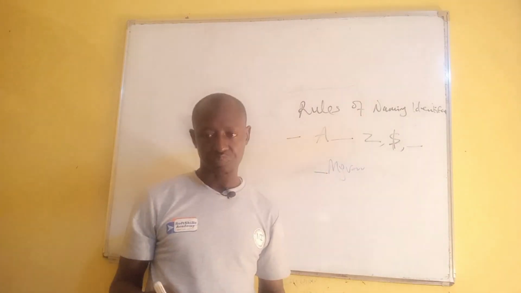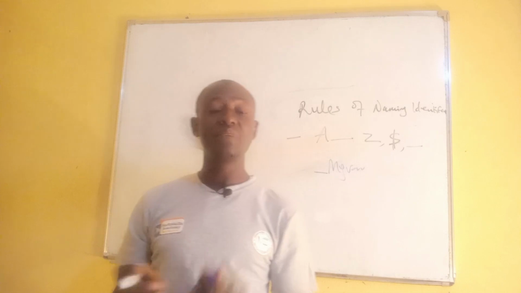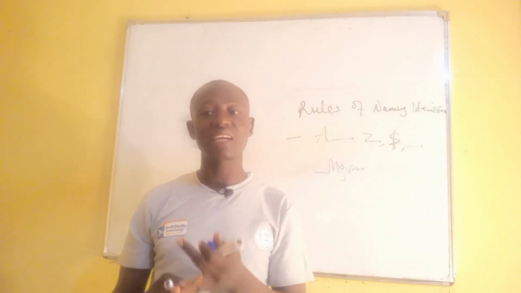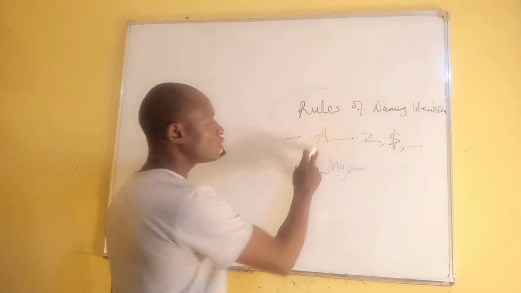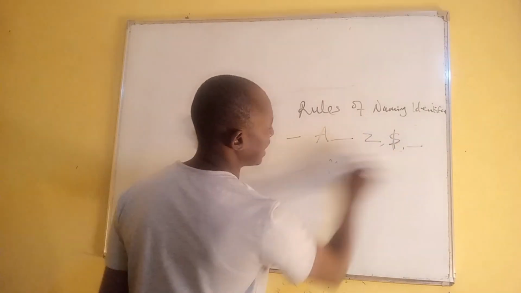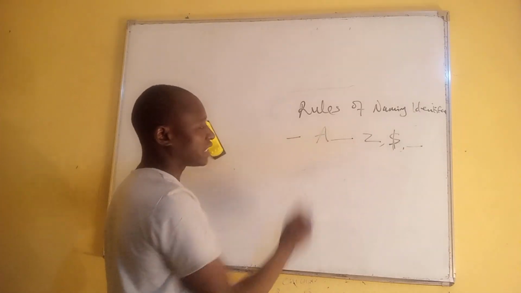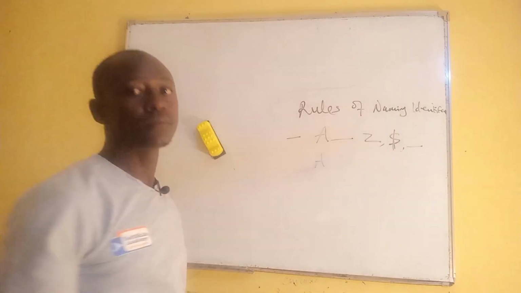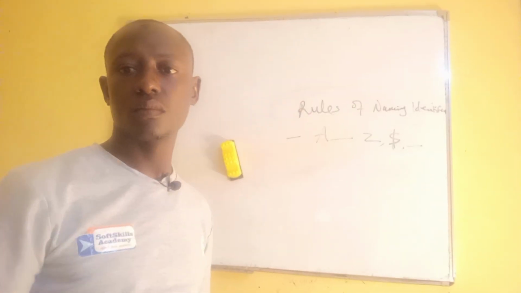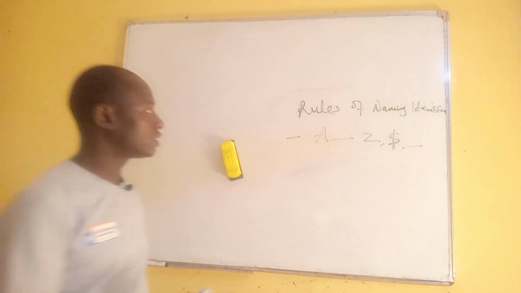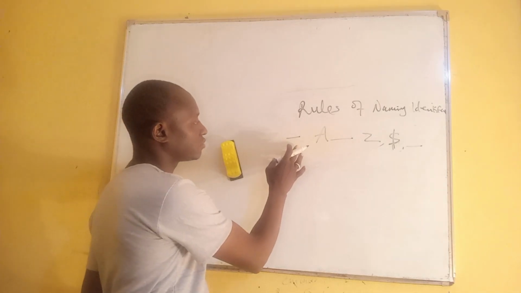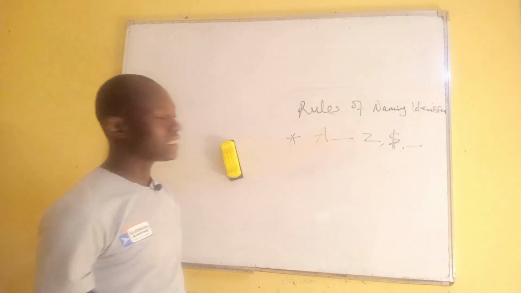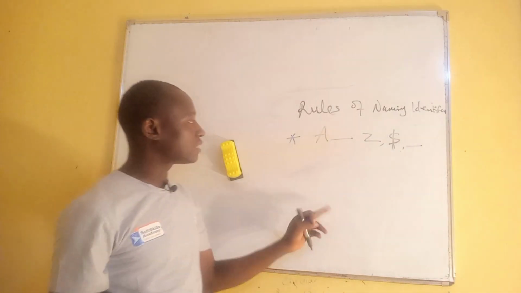So number two, the subsequent characters can be letters, can be digits, can be currency characters, or underscore. Thus, if you are starting with a letter, you can start with a letter A like this, then you follow. So what we are saying, after rule number one says it must start with this, number two is saying that the subsequent character can be a letter.